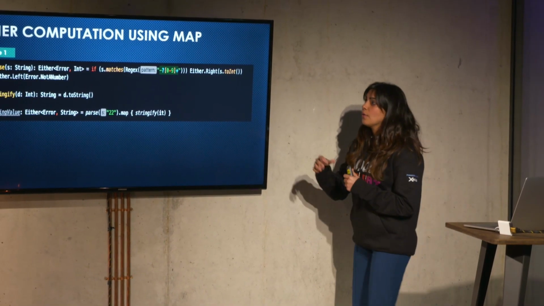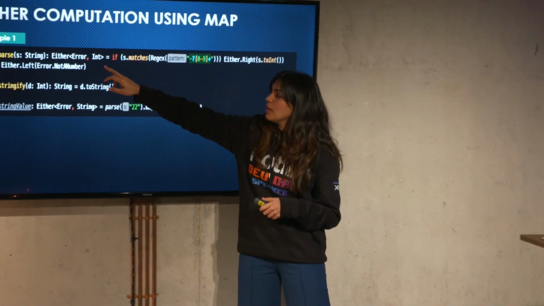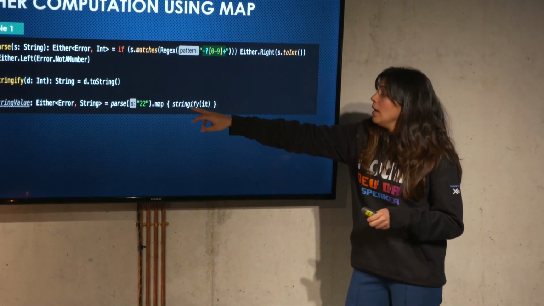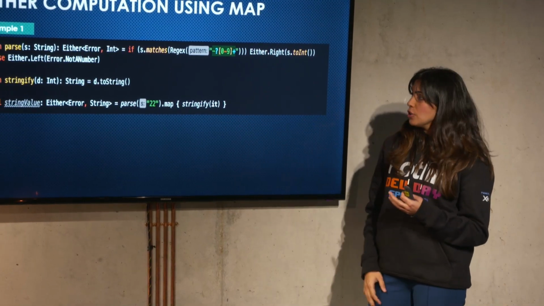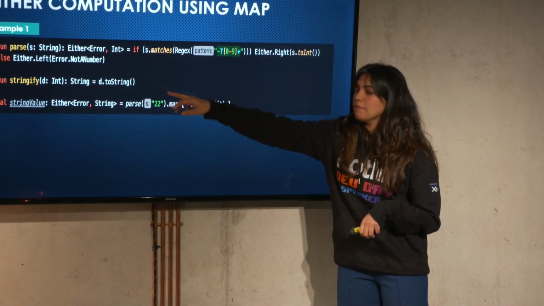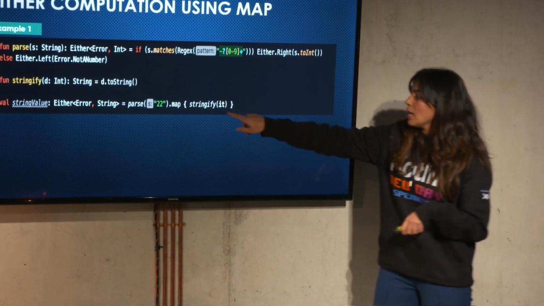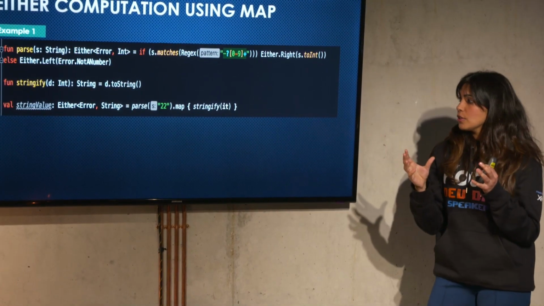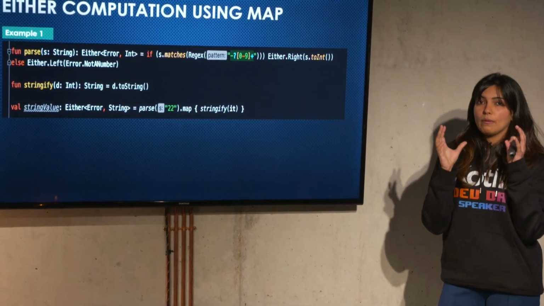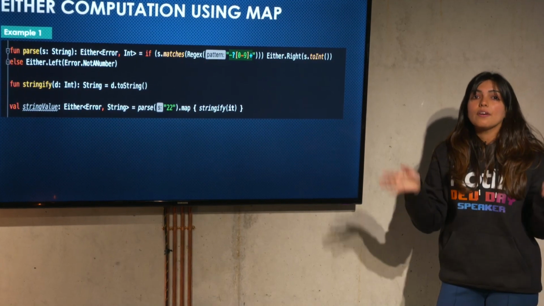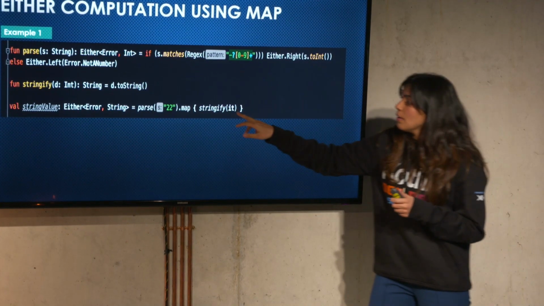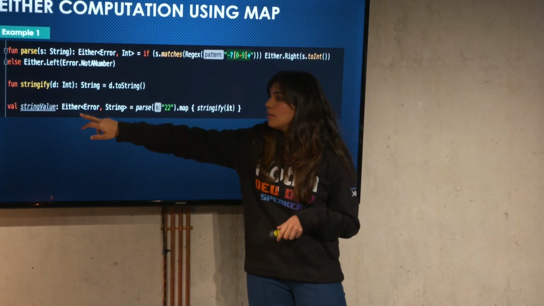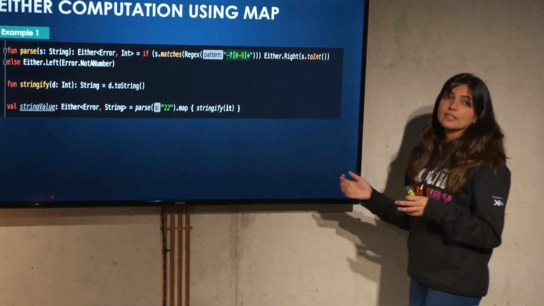So in case a right value, that is the integer value, is returned from Either, it's going to call the stringify function. The output of the stringify function is the string. So up till here we have got the string, which is the output from the function. As discussed, what a map does is it rewraps it back. So it has wrapped the response back in Either with the left side as an error and the right side as a string.